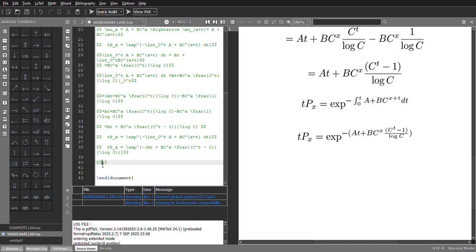So what I'm trying to do here is to separate this. Let's start with this one. Then I have another exponential here.